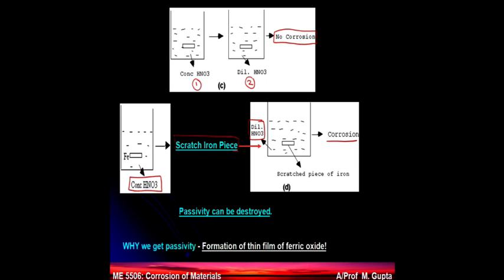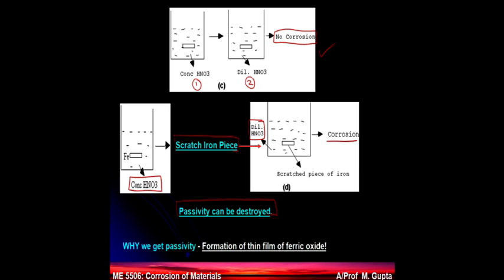So he established that whatever has happened, it is not permanent, it's a temporary thing, it's a surface phenomenon, and it can be destroyed. The passivity can be destroyed. But if he does not scratch the piece of iron, then he enters into this situation here, where the material will not react with the environment.